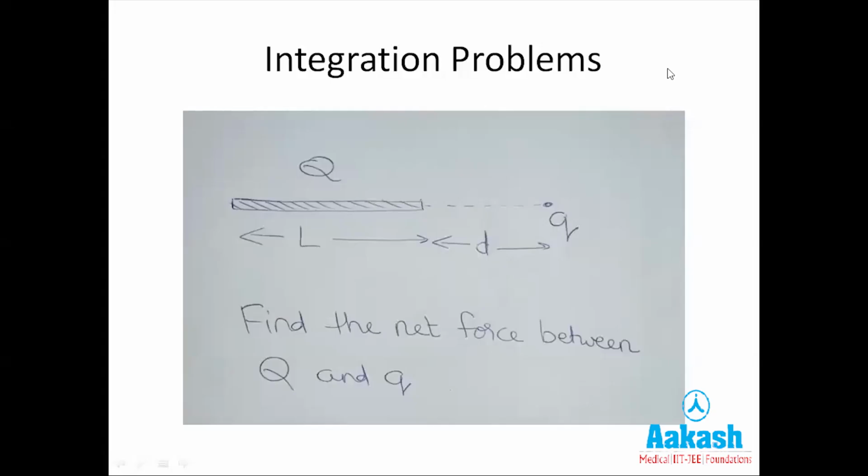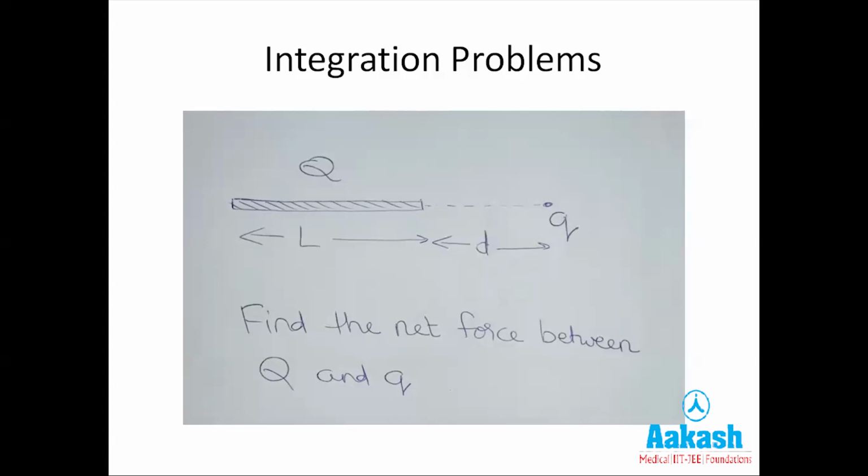The last type of problems involve integration problems. As we can see in this case, there is a charge small q, a particle, and there is a rod having charge capital Q and length L. The charge q is at a distance d from one end of the rod, and they have asked us to find the net force between capital Q and small q.